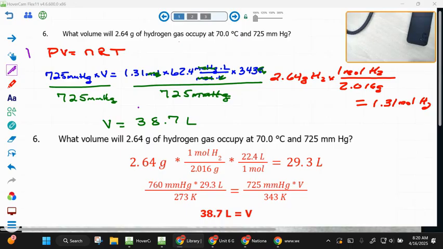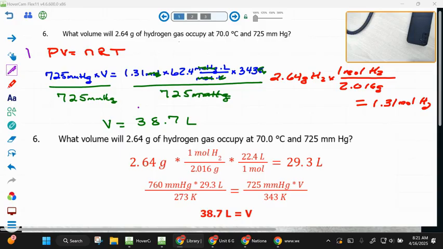In the answer key, I chose to work it a different way. I began with 2.64 grams of hydrogen gas, converted it into moles, and then took it into liters. But I used 22.4 liters per 1 mole. Well, the only time the volume is 22.4 liters for 1 mole is under what conditions? So now I instead used the combined gas law.